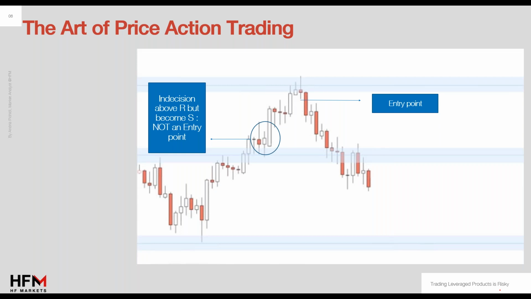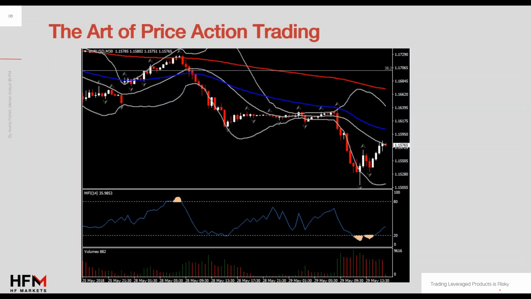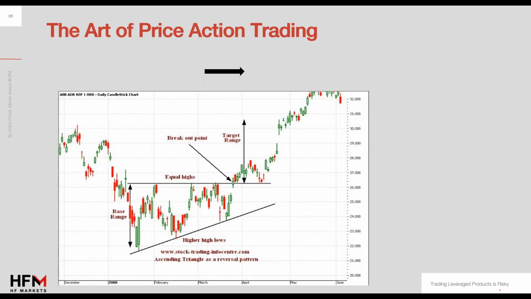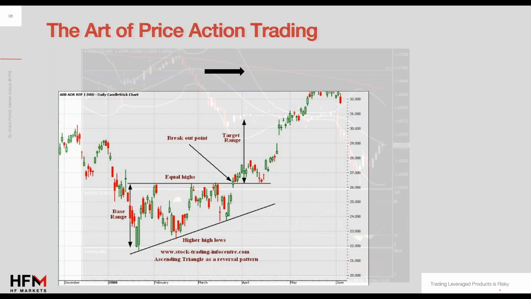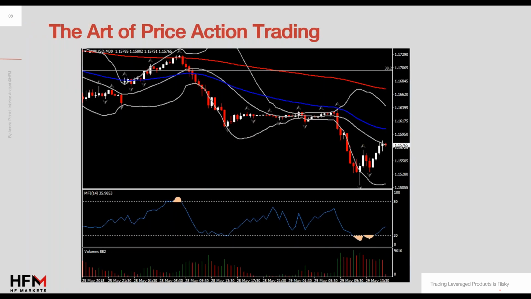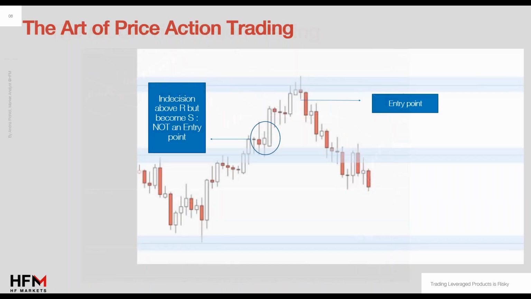An example is this one over here, which I will analyze in a second. I will come to the euro dollar afterwards.